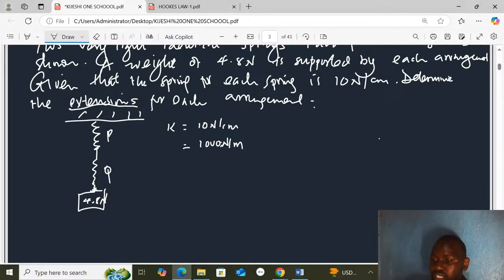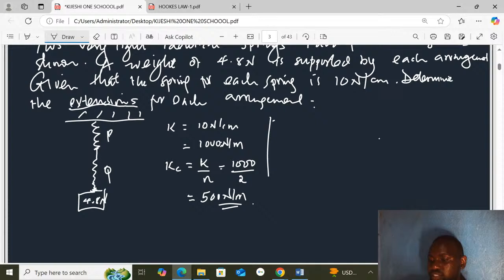Therefore, for this case, we shall have combined spring constant, which will be K divided by N. So this is 1000 divided by 2. Therefore, the effective spring constant here will be 500 newton per meter.